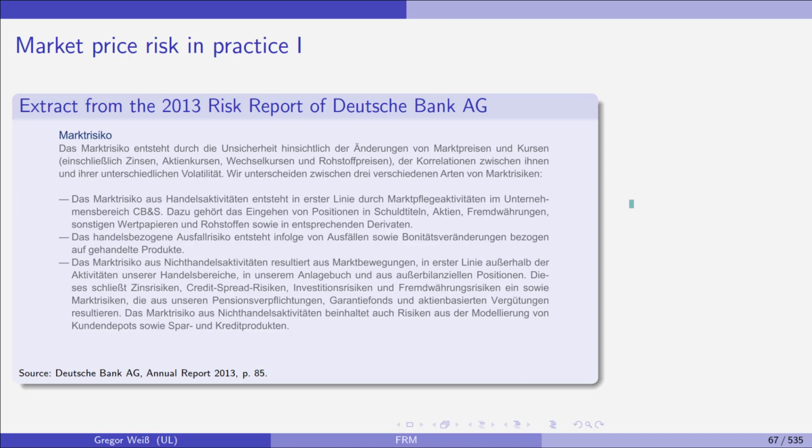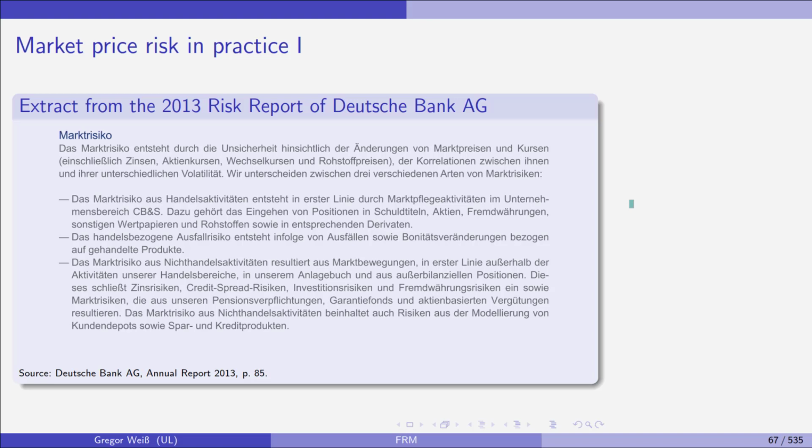Again, let's have a look at the risk report of Deutsche Bank. Market risk comes into existence through the uncertainty regarding changes in market prices and quotes, including interest rates. I haven't mentioned this. Interest rates are a price for capital. Stock quotes, currency rates, and commodity prices. Obviously, correlations and underlying volatility also play a role.